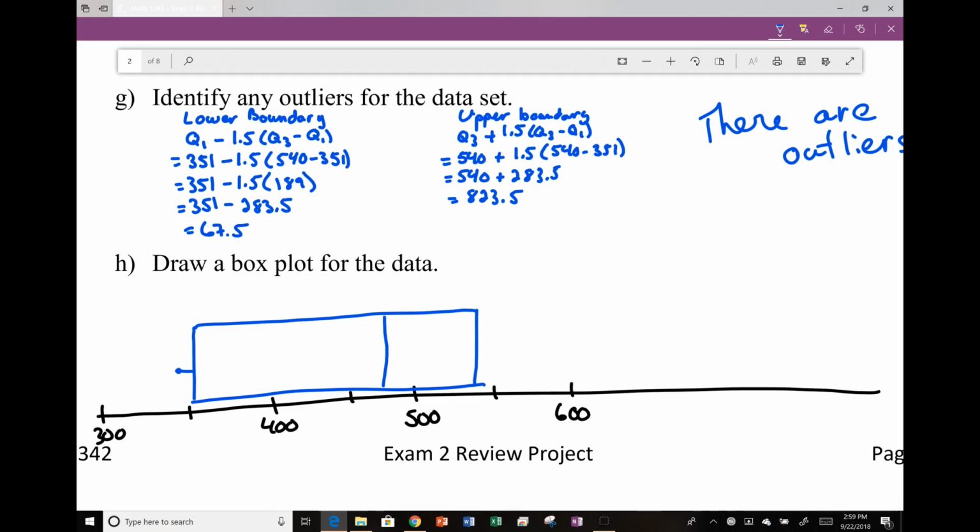My largest, or my upper boundary was 823.5, and since I do not have any outliers, my largest number, 567, which would be about right here, is going to have a whisker drawn to it. So I'd like for you to go back, practice these, maybe practice the next one, and then let me know if you have any questions.